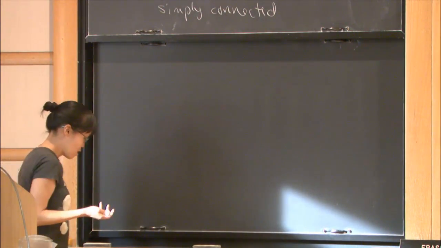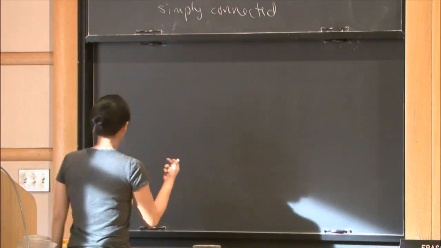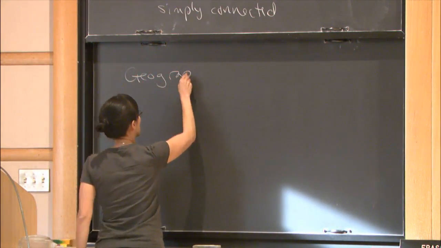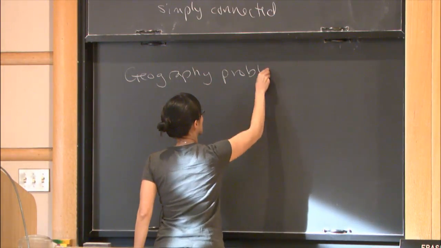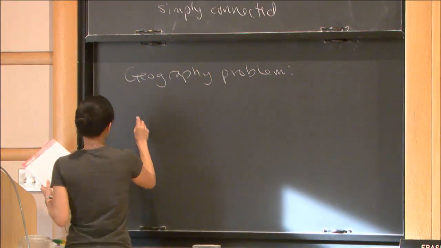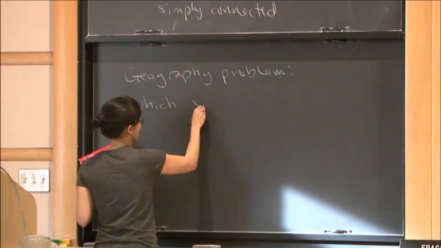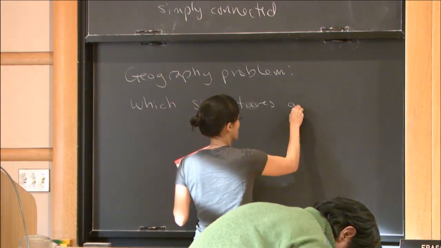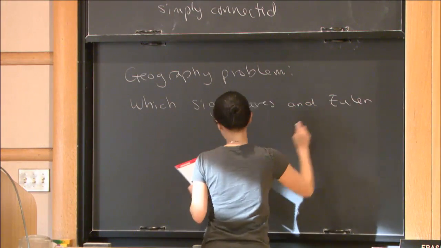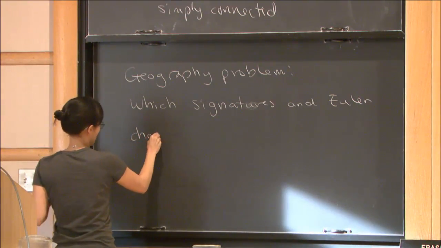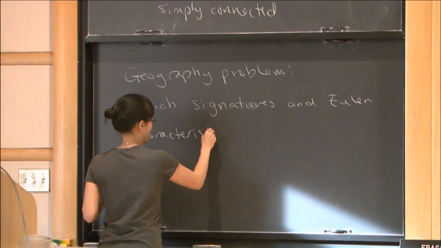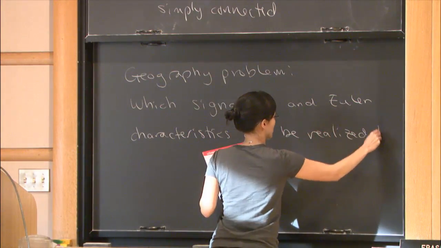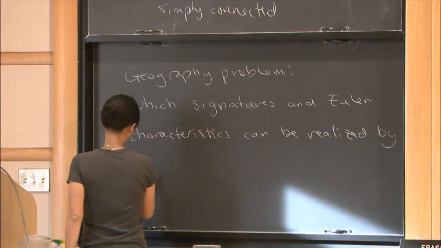And so the geography problem for symplectic manifolds considers the following question. Which signatures and Euler characteristics can be realized by symplectic four-manifolds?